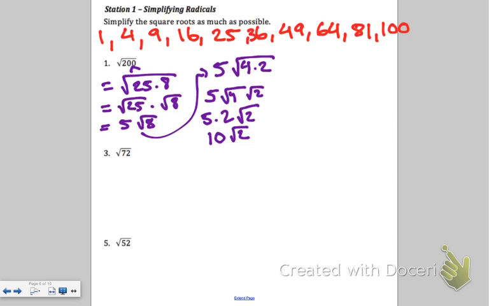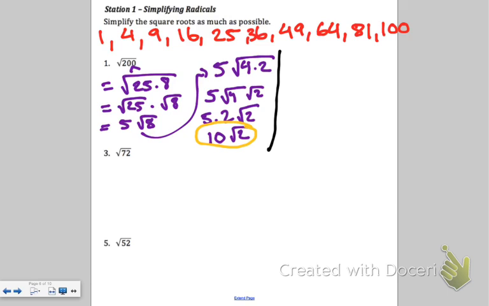So I'm going to highlight this in yellow, and I'm going to leave this here. Might be a little bit crammed, but I'm going to do my best to show you another way to simplify this using the largest perfect square factor of 200, which is 100. Okay, so let's use a different color here. Let's use green.